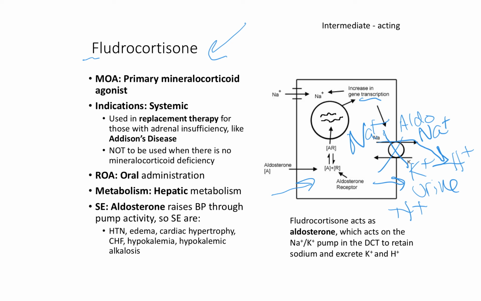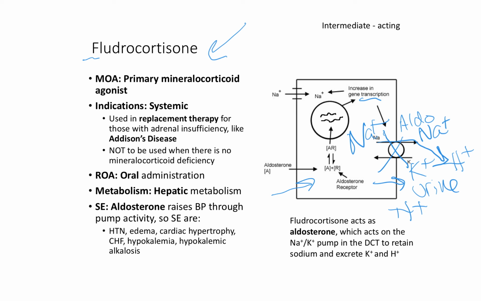All right, so this is a systemic type medication, so it's used mainly for replacement therapy in adrenal insufficiency. An example of that would be Addison's disease. It is not supposed to be used any other time when there is no mineralocorticoid deficiency. You would have really high blood pressure from retaining all of that sodium.